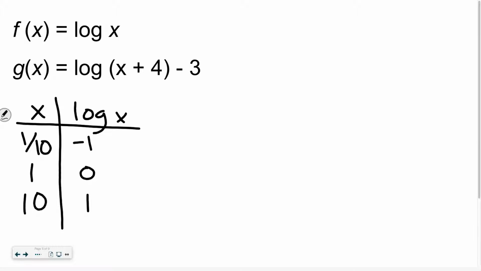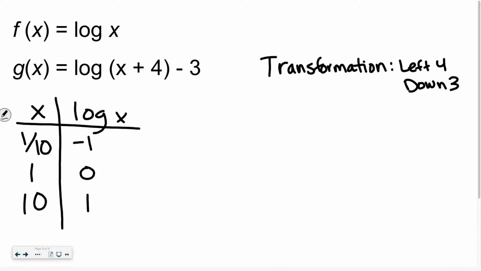What transformations are happening to your graph? Left 4, and down 3. I gotta go left 4, and then I gotta go down 3.